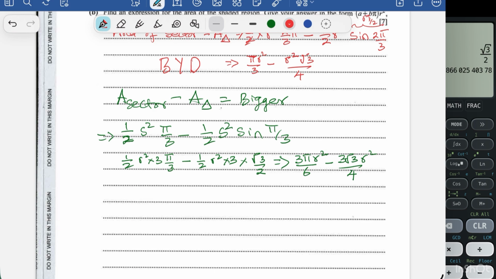That gives me pi r squared over 3 minus r squared root 3 over 4 minus this. When I'm minusing this, remember I have to put a bracket here. So that will give me 3 pi r squared over 6 plus 3 root 3 over 4 r squared.